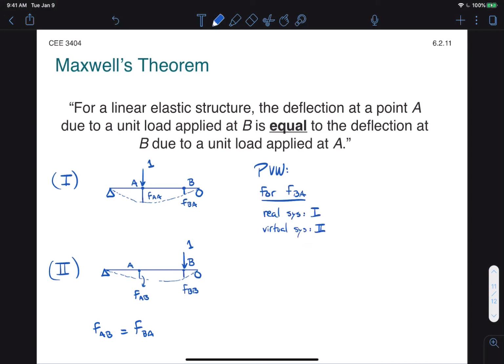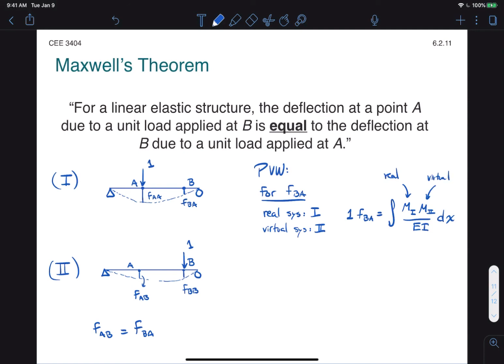Therefore, my corresponding virtual work equation would be 1 times FBA equal to the integral over the entire beam. We won't worry about sections here. Let's just pretend it's the integral over the entire beam of the moment from my real system, which I'll call M1, times the moment from my virtual system, which I'll call M2, over EI dx. Okay? So again, this is real, this is virtual.